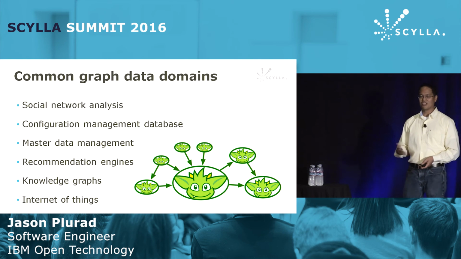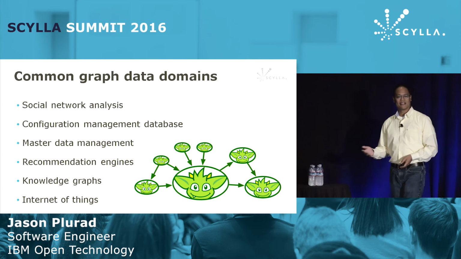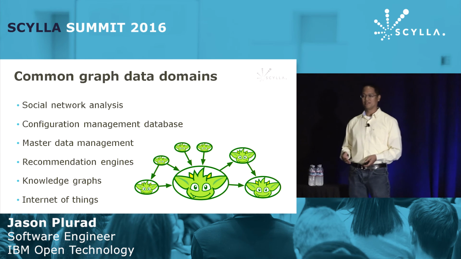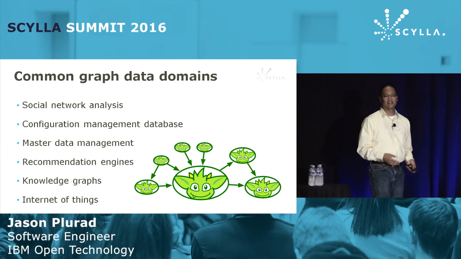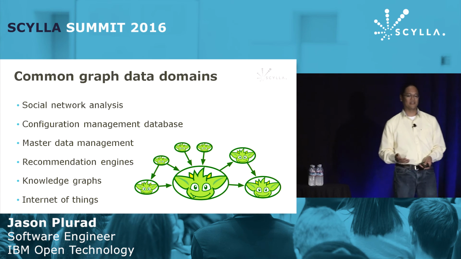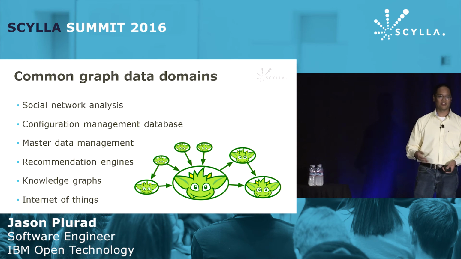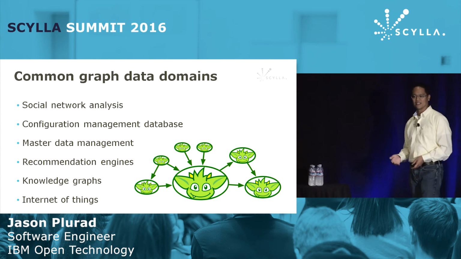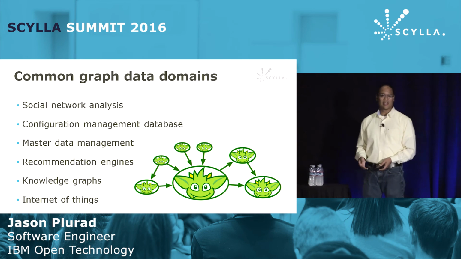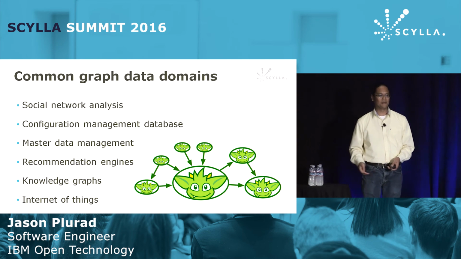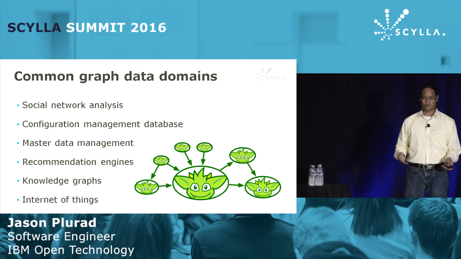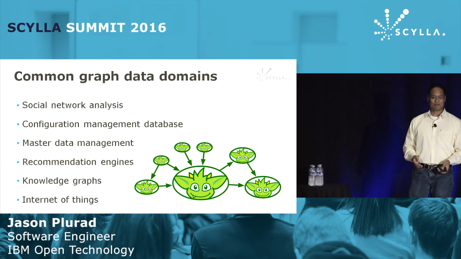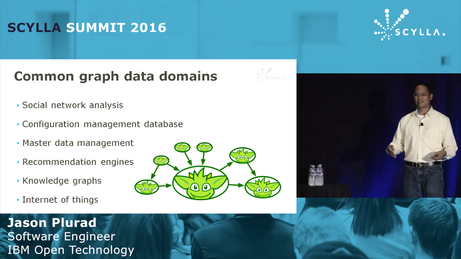So things like Facebook and Twitter, their ideas of a social graph and being able to identify how people are connected. Then you start looking at internet properties like Netflix, being able to analyze your queue and your viewing habits to recommend the next great thing to watch, or Amazon.com being able to recommend different products for you to buy. So by and large, graphs are just starting to eat the world.